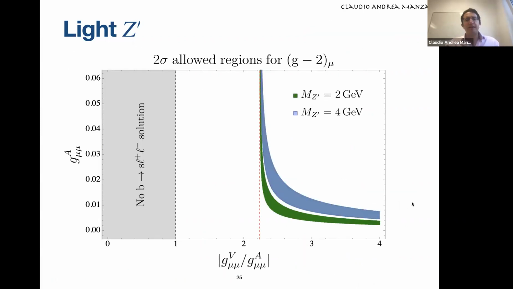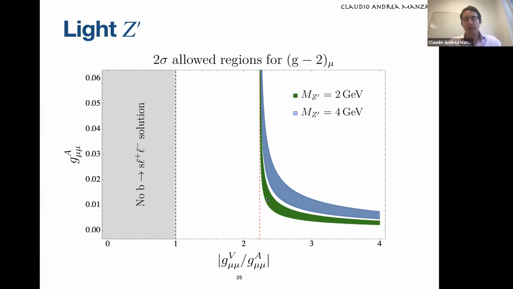Anyway, here you can see what the picture is for G-2. So the blue and green bands are the 2 sigma allowed regions for the G-2 data for different Z prime masses. In red, here you have the assumption that we are taking for the GV and GA relation. And you see that in terms of model building, a small deviation from this assumption can also explain G-2.